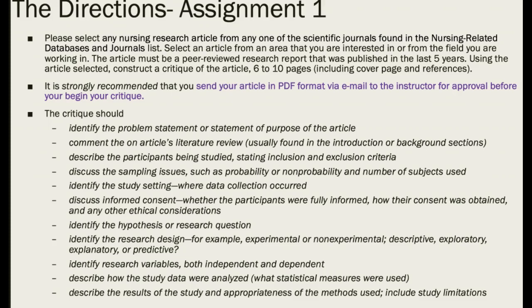So it's okay if you don't have everything on this list, but if you don't, because you're critiquing it, you're saying whether it's good enough or not, whether the authors did the right thing or not. So if things are missing from this list, it will be your job during the critique to say that that information is not provided by the authors. And then you would probably need to say what you believe it to be.